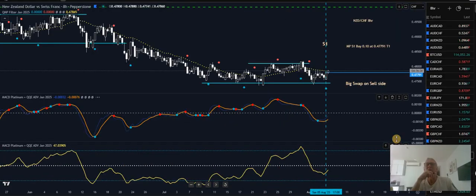New Zealand Swiss, I've actually just got out of my sell trades. I've been in a few sells and a few buys on this pair, which has been pretty good because other than this grind down and all this sideways action, we've actually made some pretty good money. And not only is it sideways in a pretty tough market to trade, because I've been trading both ways, there's big negative swap on the sell side.